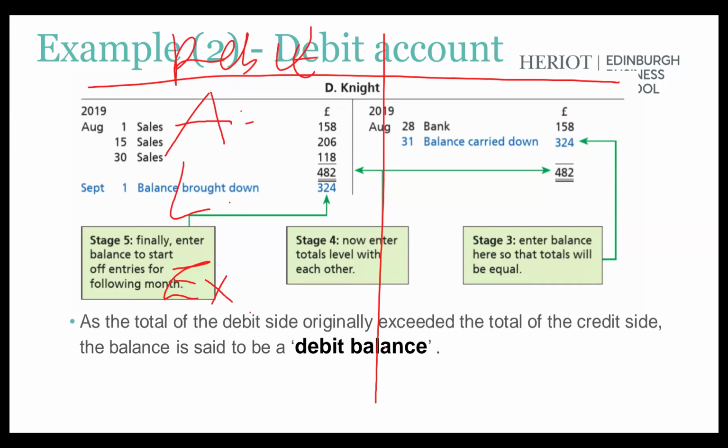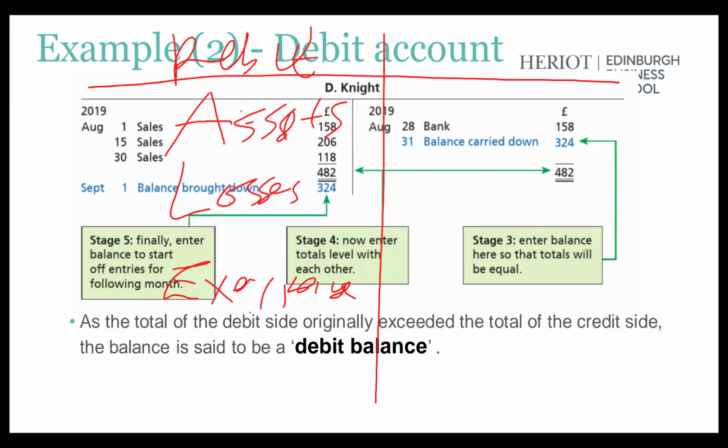All assets are debited. All losses are debited, and all expenses have a debit entry. You will see that even if you try to balance off the expenses, they will always have a debit balance. So this will not be very strange now that you understand how to balance off the accounts.